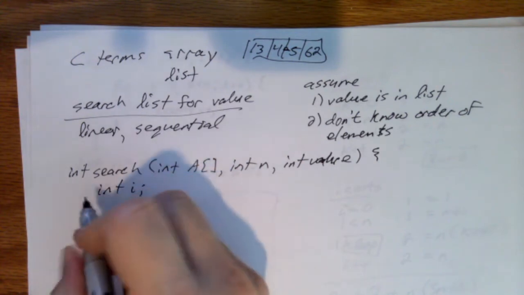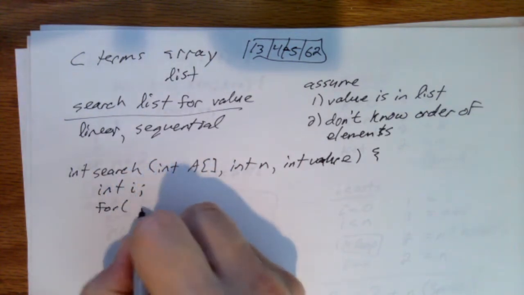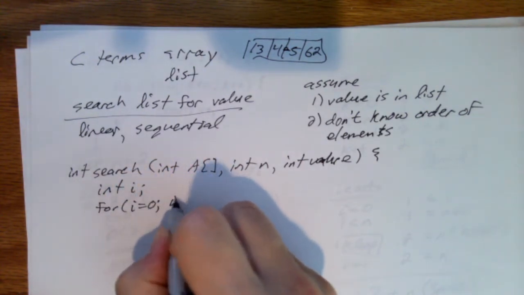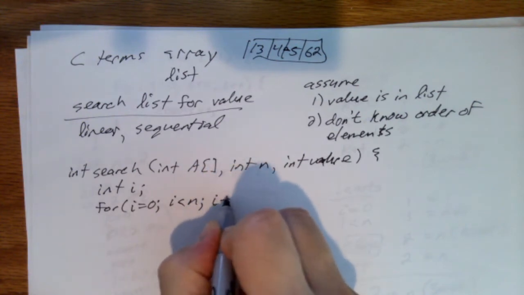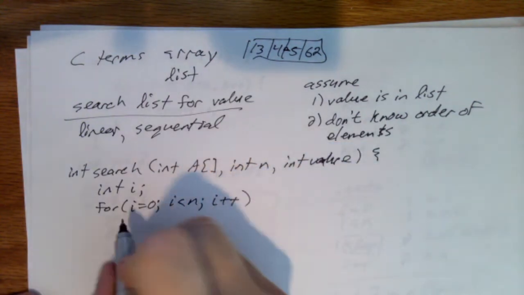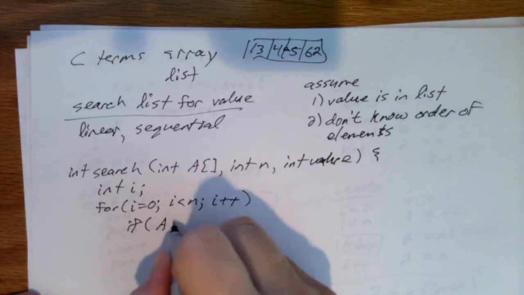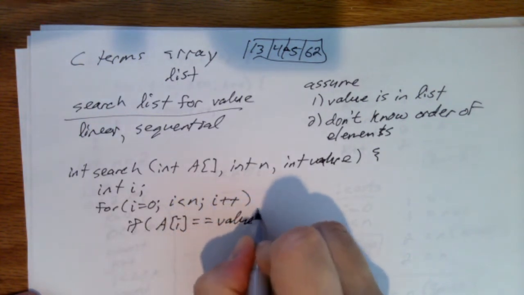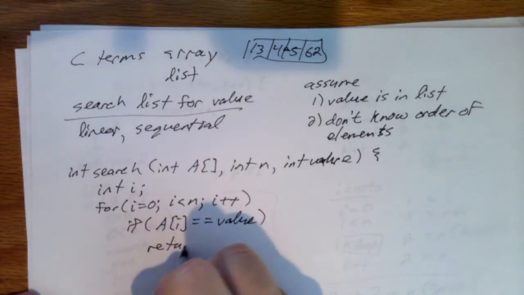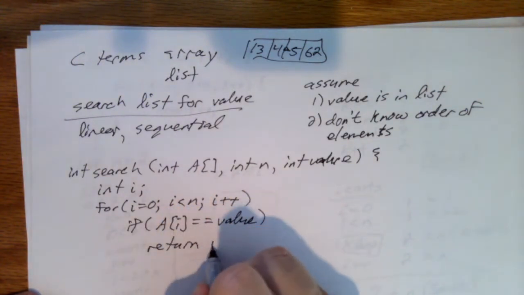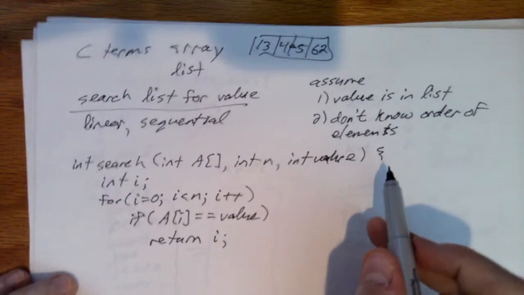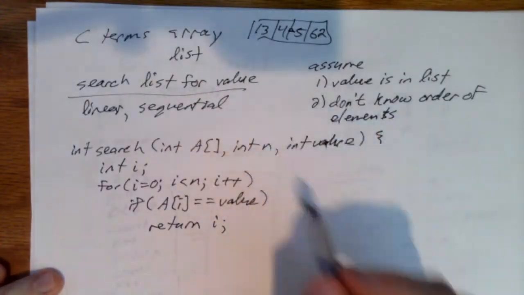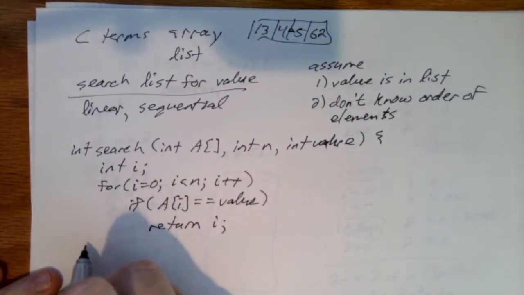Int i, for i equals 0, i less than n, i plus plus. If a sub i equals value, then we return the index, which is i, of where it's at, and then you could retrieve it or whatever you're trying to do. And then we close this up.